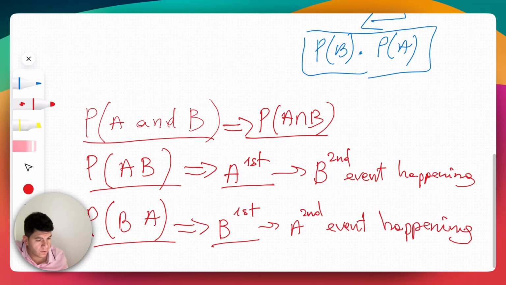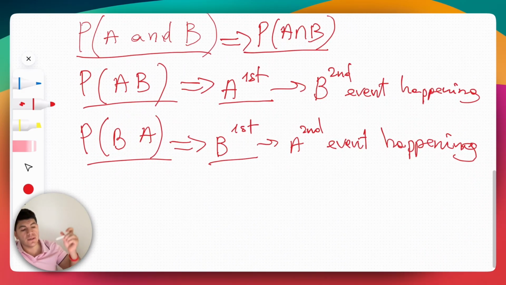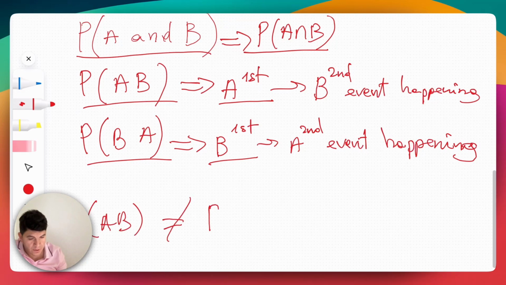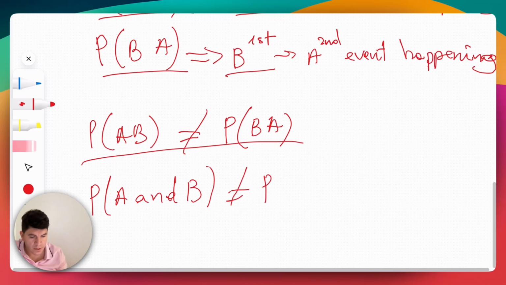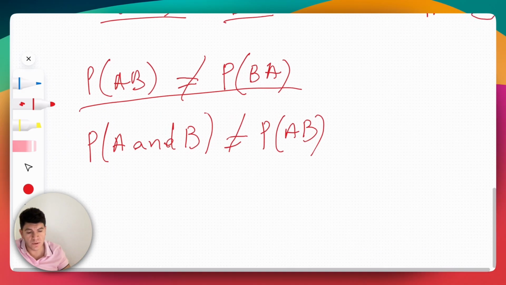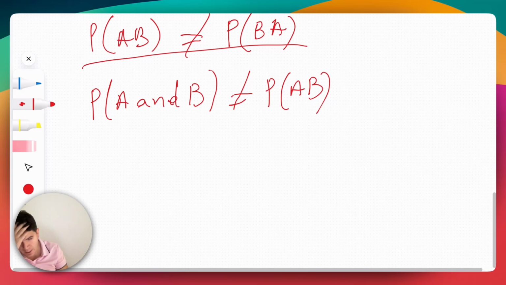So it means that the order plays an important role in the sequence of events. From that logic, we can say that the probability of event A and B is not equal to the probability of event B and A. This is important to keep in mind and also to understand why it's not equal. So you have to always carefully read the context of your problem, what's requested and how it's given.